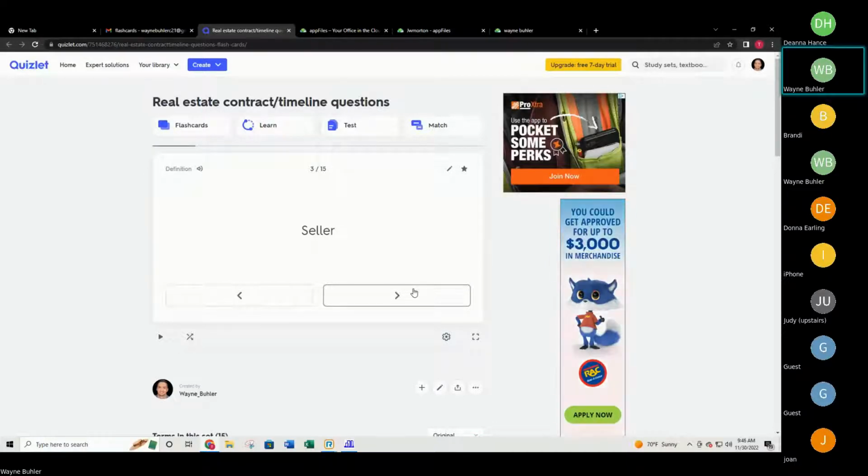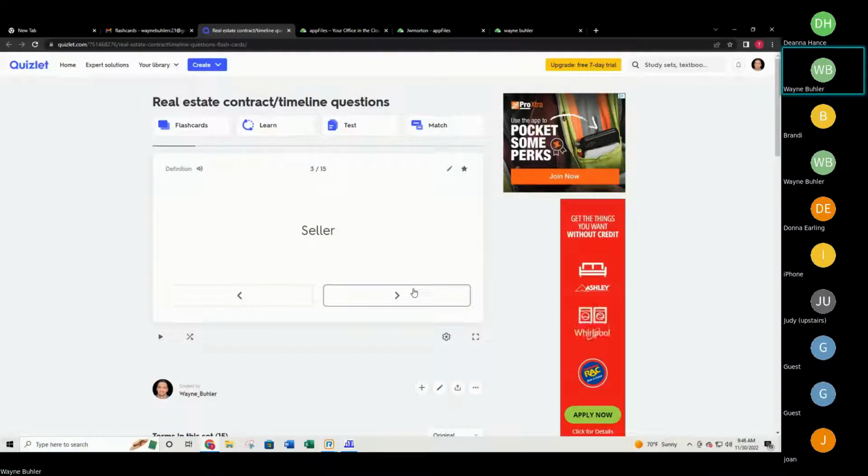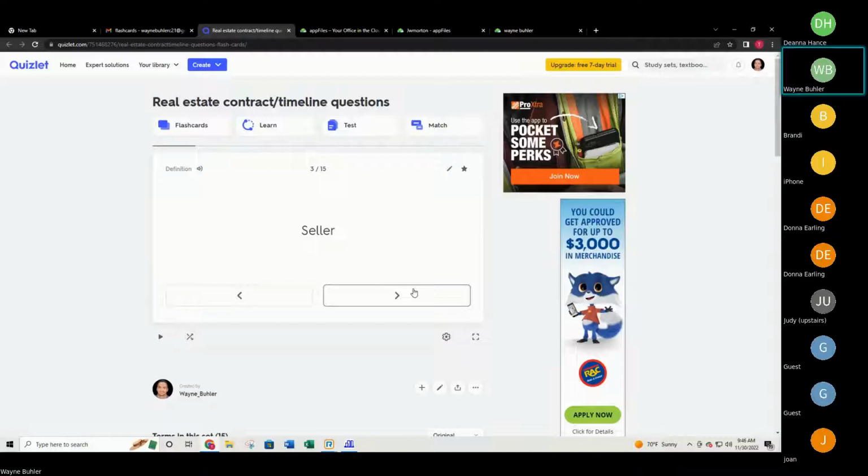On the flip side, the seller was ready to sell it to you, so do you lose your escrow? It's a gray area that was created by that situation. So absolutely, you want to make sure cancellation and releases are done in time.